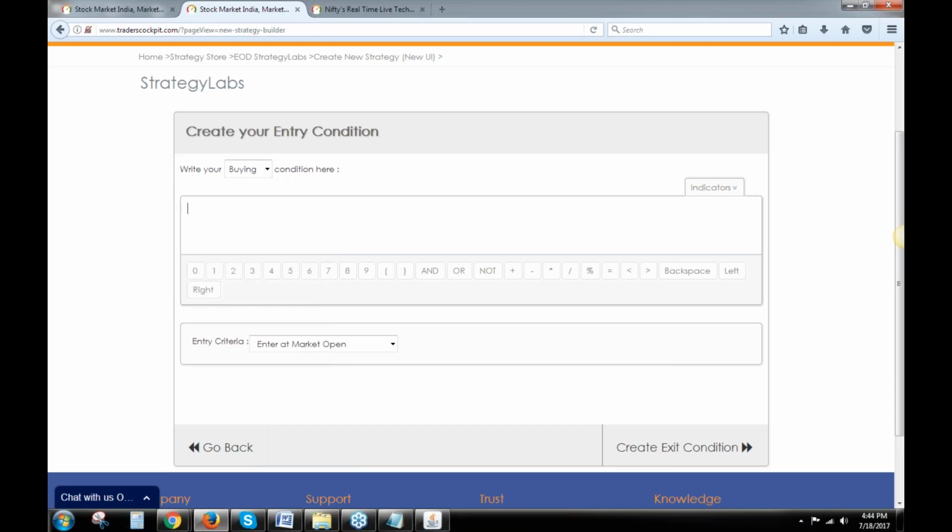And all the different parameters related to MACD will open up here. Similarly, if you want to put in price values, for example, you need the value of the last closing candle, you just need to type last close price here, and accordingly it will show up on the page.